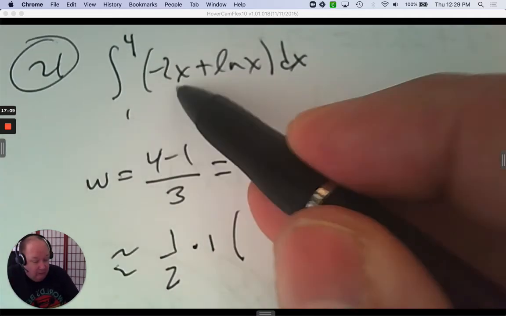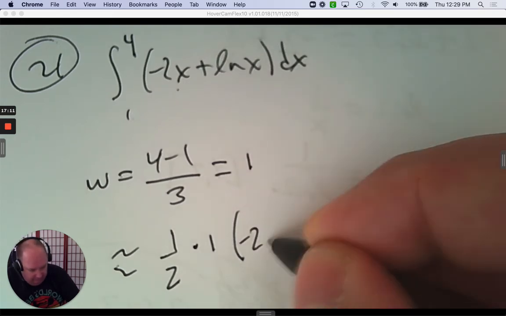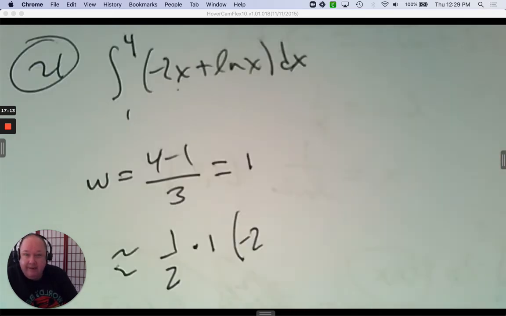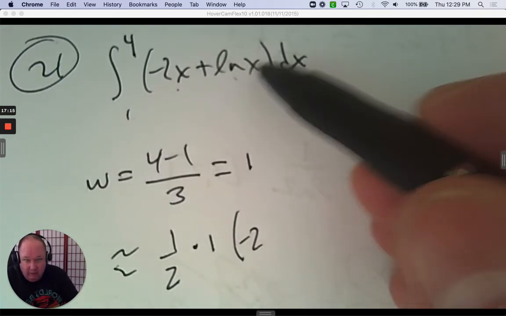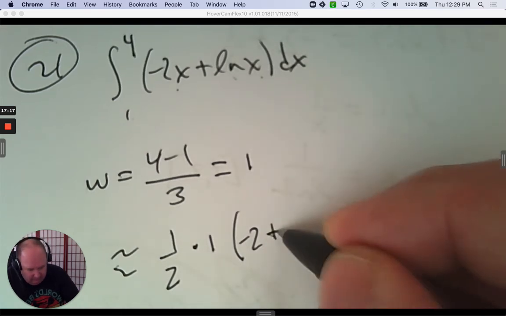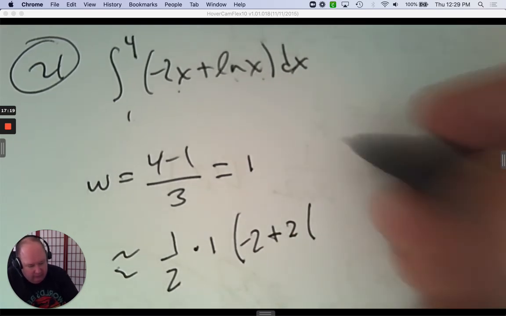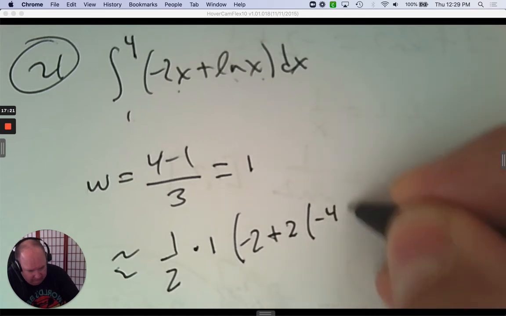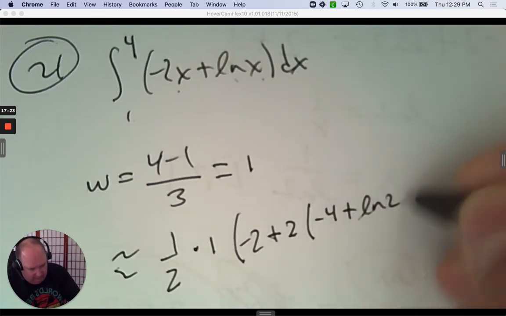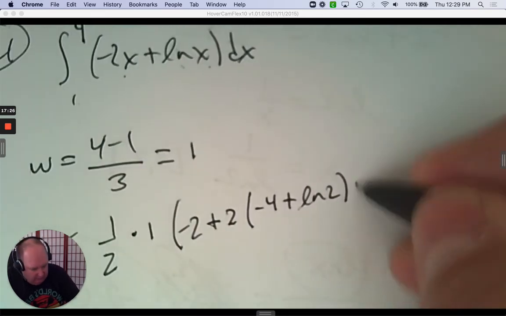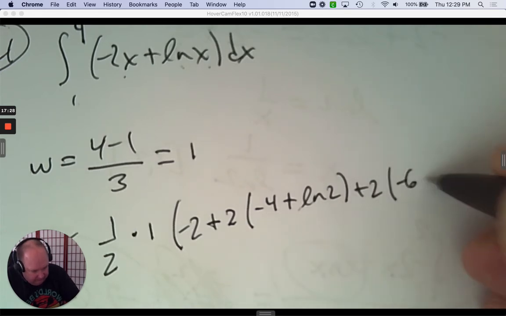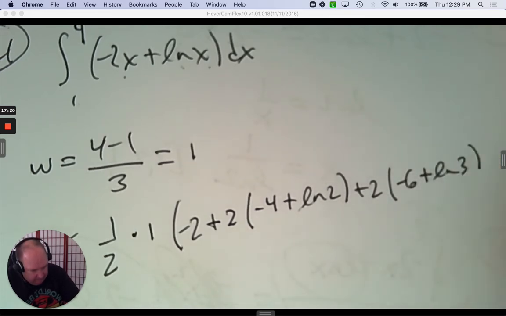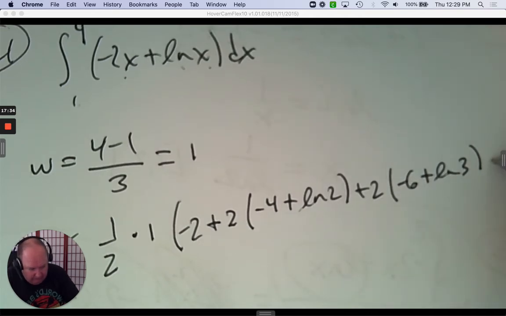If I plug in 1, you end up with negative 2, because ln 1 is 0, plus, and now you double it. So the next number you plug in is 2. The next number is 3. And then the next number would be 4, but you don't double that one.